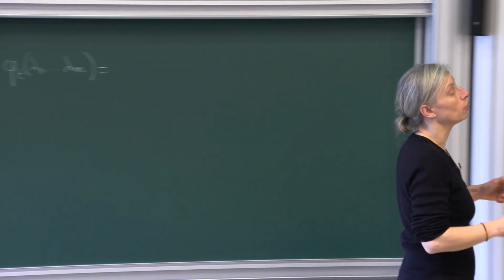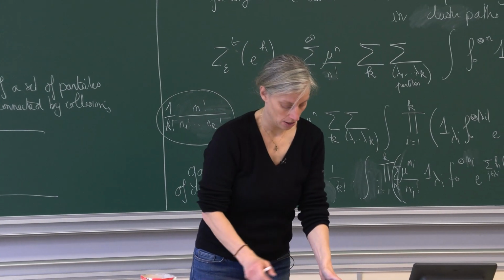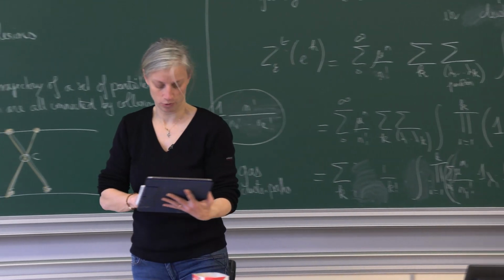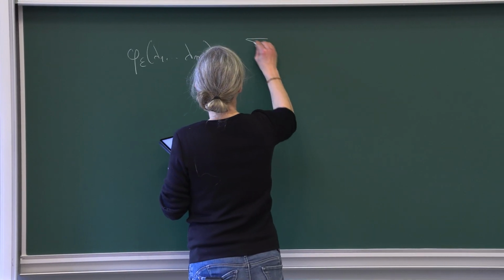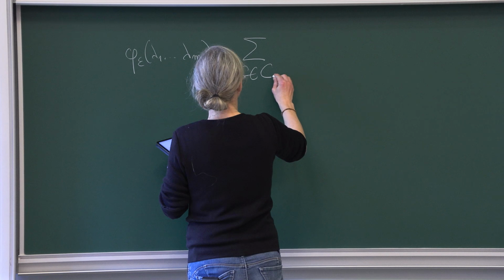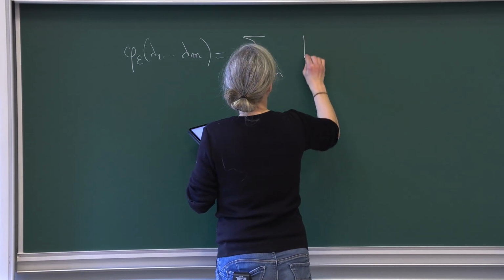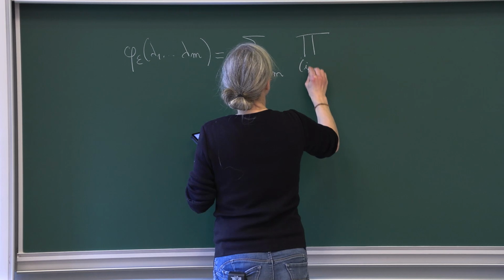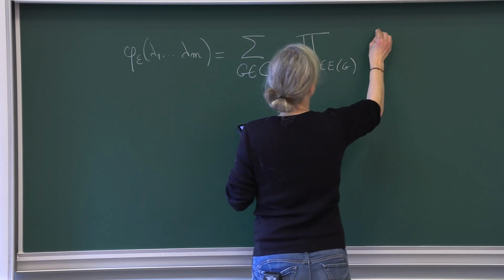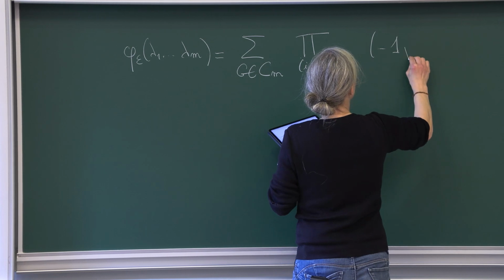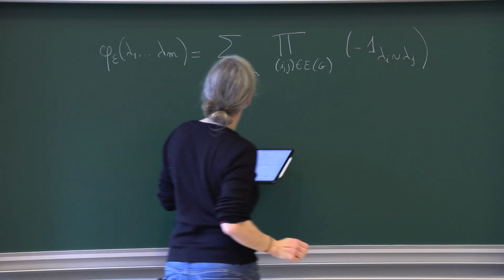So this is a sum over all connected graphs of size m. Or I will give you the... So it's just the sum over all graphs which are connected of size m of the product over ij, the edge of g, of -1 lambda i connected with lambda j.